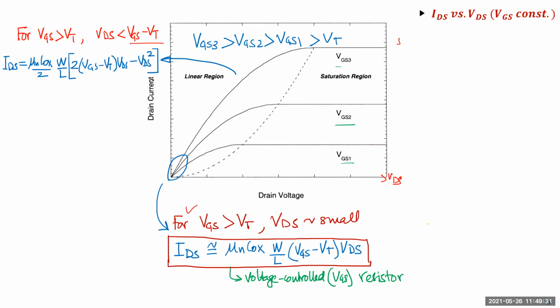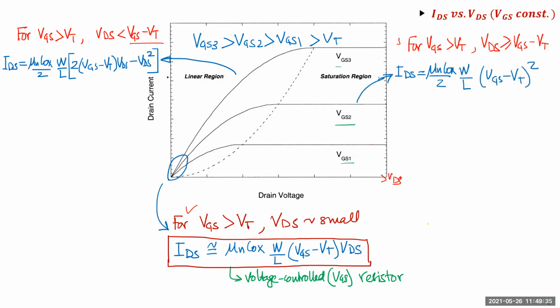Then it's given by this quadratic equation, which we just derived. Now, if VGS is greater than VT, but VDS is greater than your saturation drain voltage, then it's a constant current, which is given by this. And like I was saying, you can get this equation by plugging in VDS equals VGS minus VT over here. So that's how we got the equation.